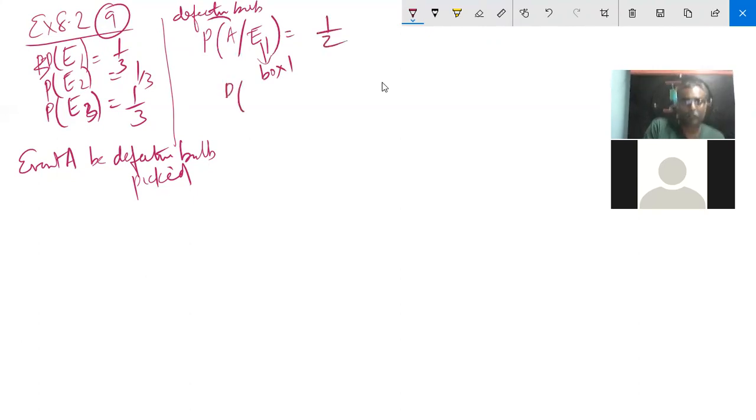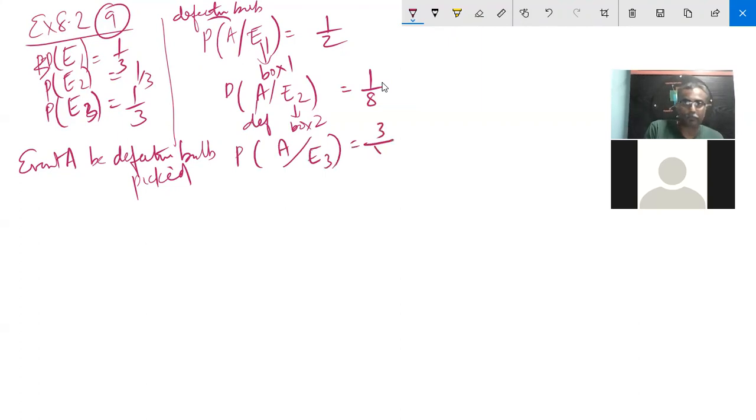Then the probability of putting your hand into box 2 and picking out a defective bulb is given as 1/8. Then the probability of putting your hand into E3 and picking out a defective bulb is given as 3/4. This data is given.